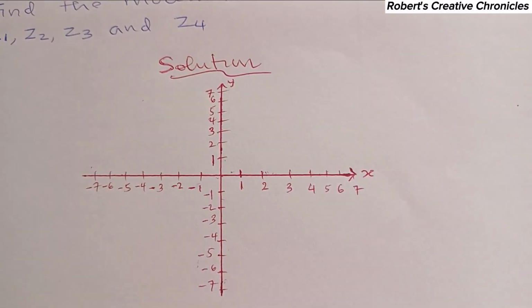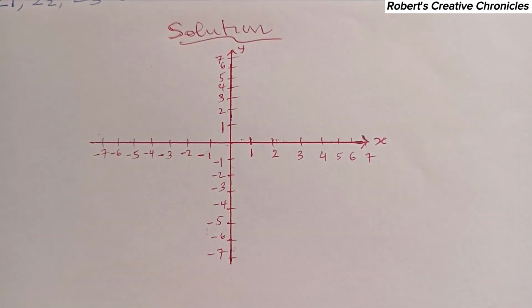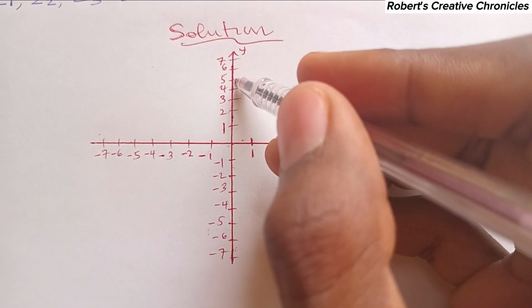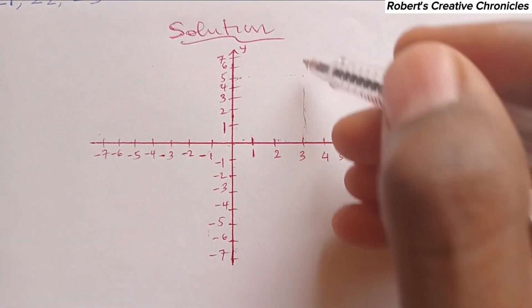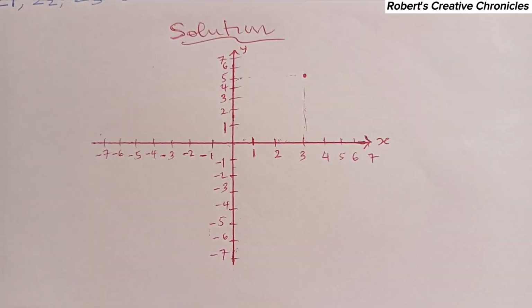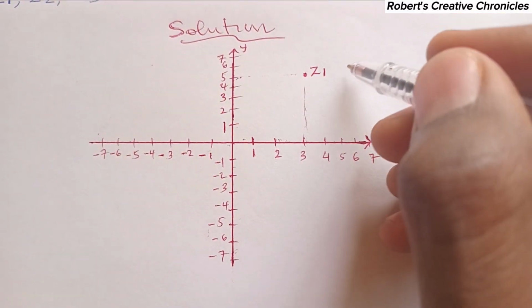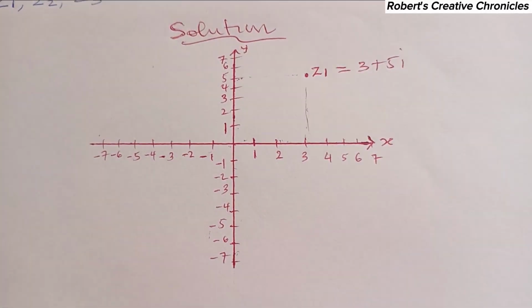So now the first one is 3 plus 5i. Here we'll find 3, which is here. Then 5, so it will be like this. Then 3 like this. So it will be at this point. So this is z1, which is equal to 3 plus 5i.